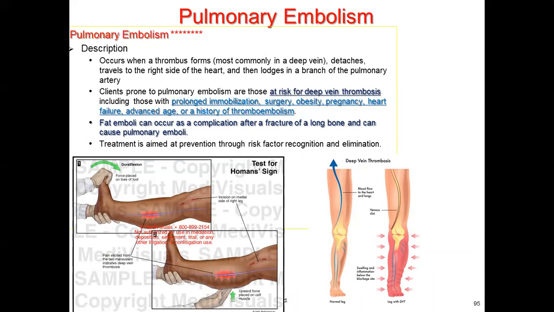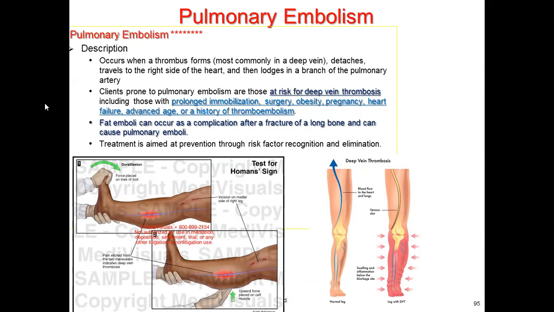So if anybody has prolonged bed rest, like after major surgery, or a long plane ride of more than 8 hours, pregnancy, obesity, also congestive heart failure is a risk factor.